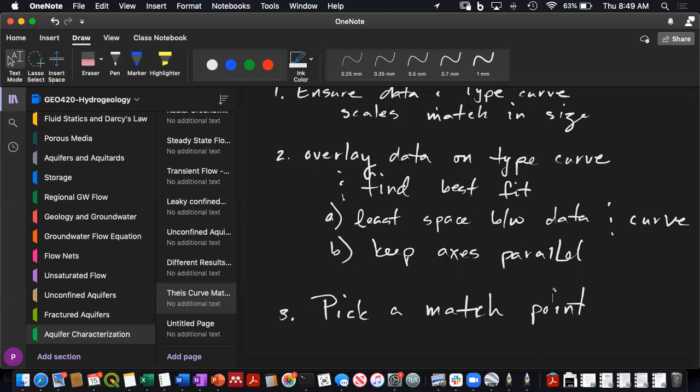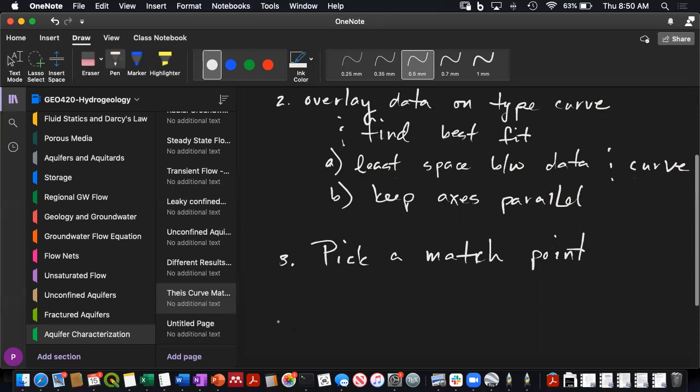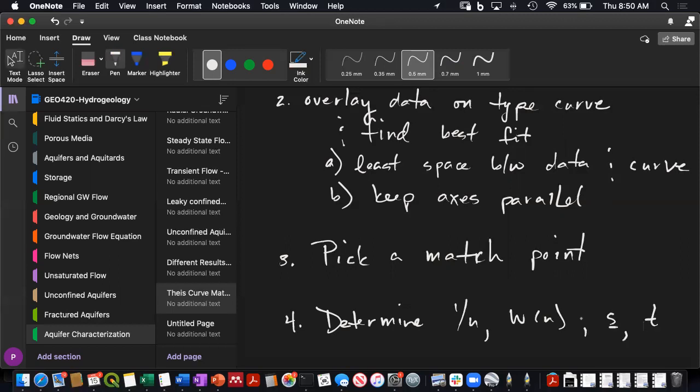So I picked a match point. And now I'm going to determine one over u, wu, s, and t from that match point.